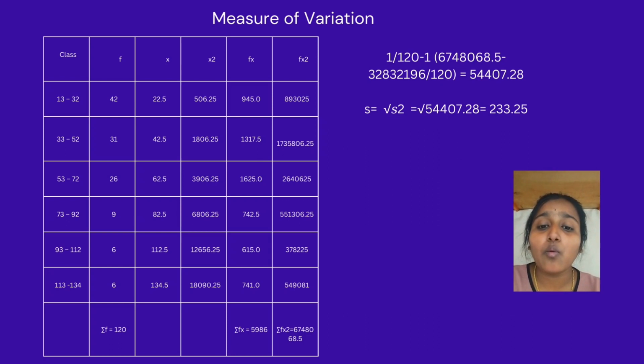Then we square root the answer and we get 233.25. Therefore, the sample variance is about 54408.28 and the sample standard deviation is about 233.25.